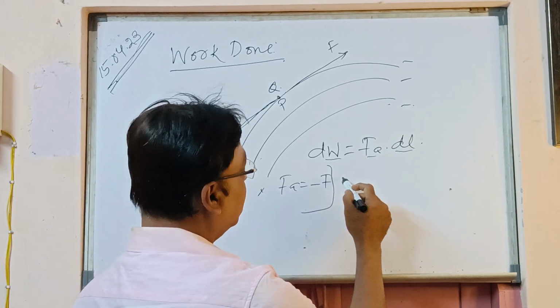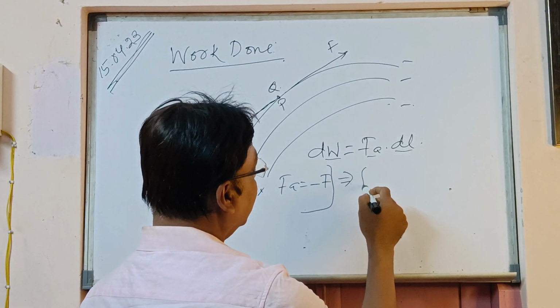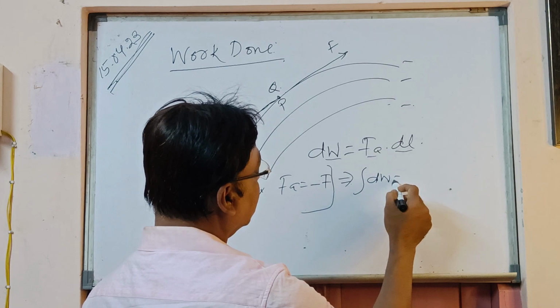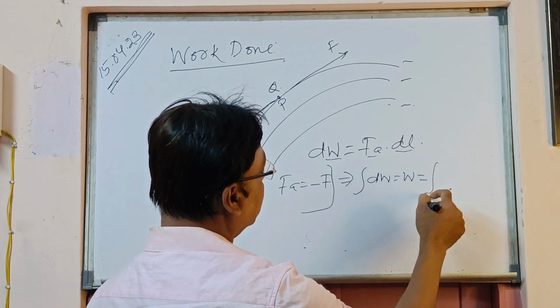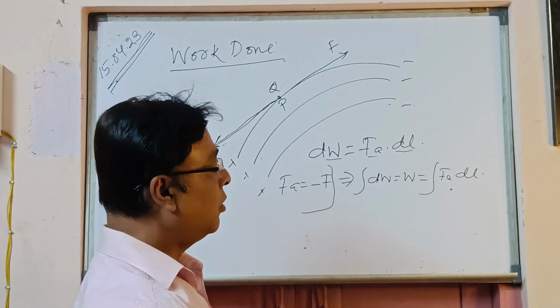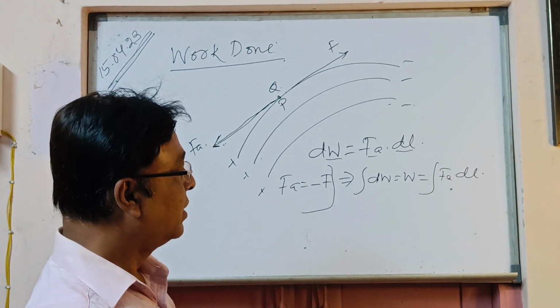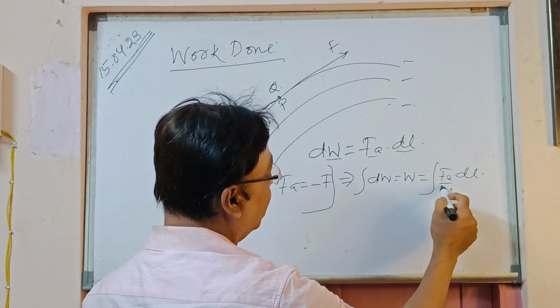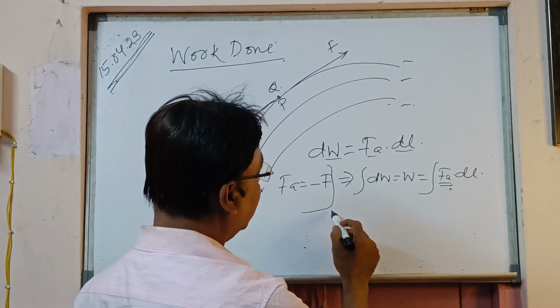From that we can write the integral of dW, which is W, is equal to the integral of Fa·dl.